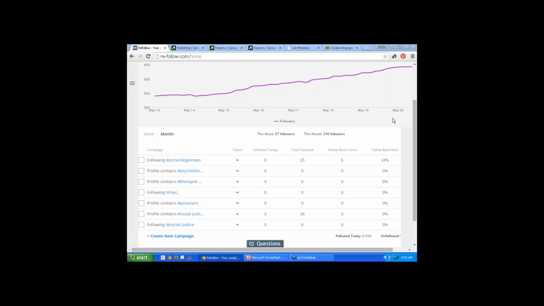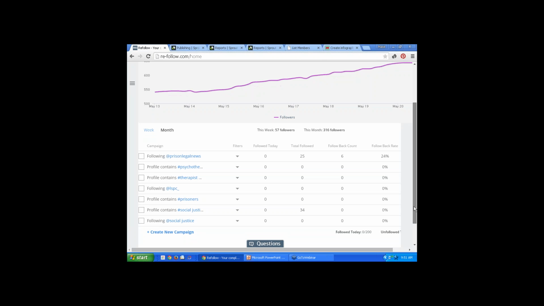This is a tool I'm going to show here called Refollow. And it's just one of many tools. But essentially, when we started our campaign to begin to recruit people and see who was interested, and this is one of many tools we used, we put together a list of accounts. We had two accounts that I was most interested in.